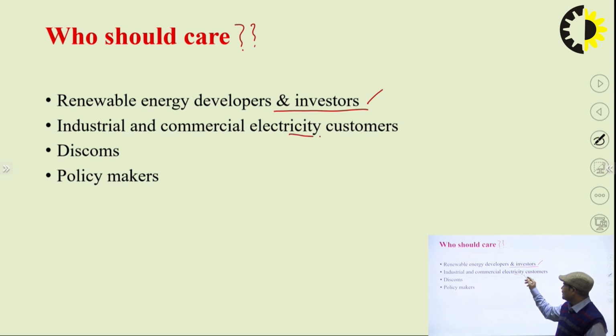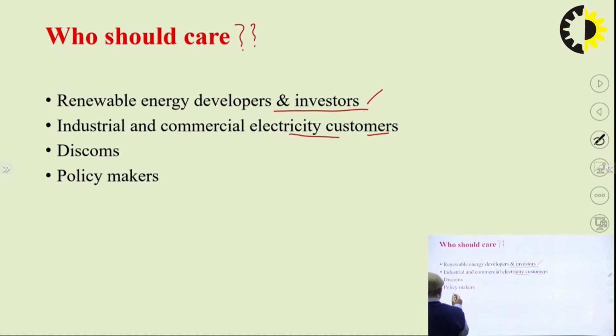Industrial and commercial electricity customers will come forward when there are good policies for them, when there is no obstruction for the construction of the captive power plant. DISCOMs should also give space in terms of capacity.